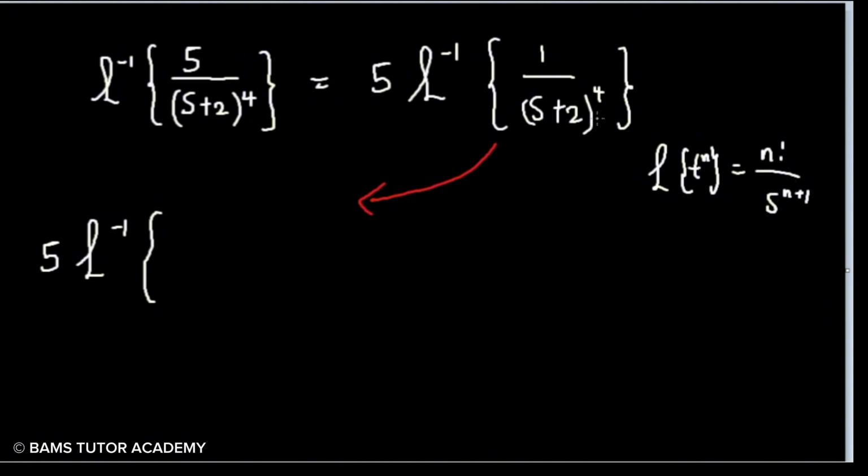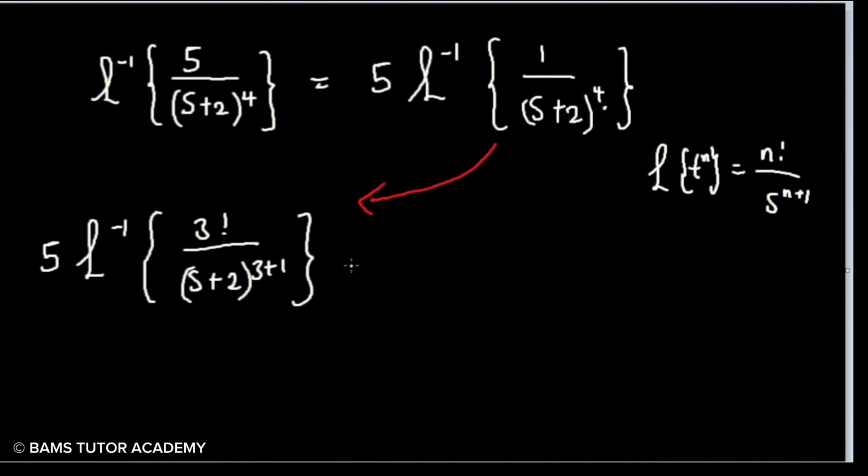We have 4 here, so I want to write something in terms of 4: 3 factorial over (s plus 2) to the power of 3 plus 1. But if I do this, I have altered the question, because in the question I don't have 3 factorial. So what do I do to take it away?